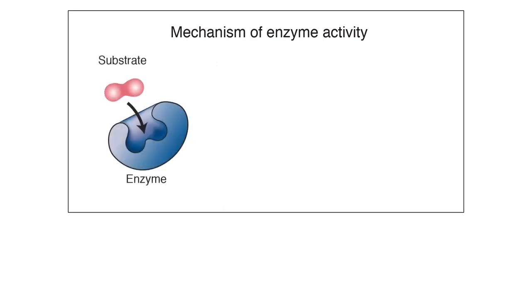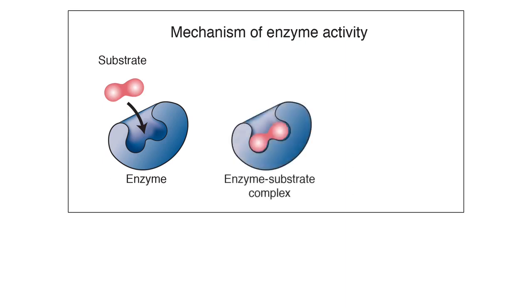So let's talk about the mechanism of enzyme activity. How does the enzyme do its job to speed up the chemical reaction? Well, first of all, you must have the enzyme present, and of course there will be a substrate present. So what is a substrate? Simply stated, it is a ligand, a molecule that will bind with the enzyme, producing an enzyme-substrate complex.